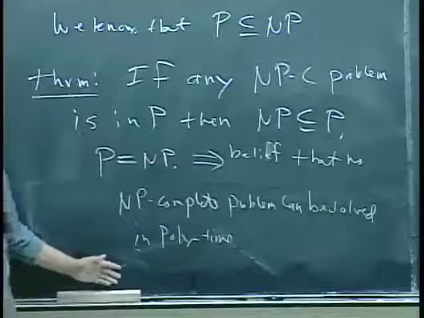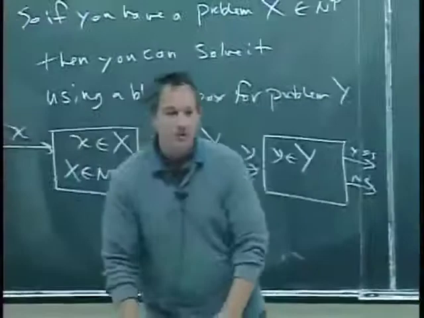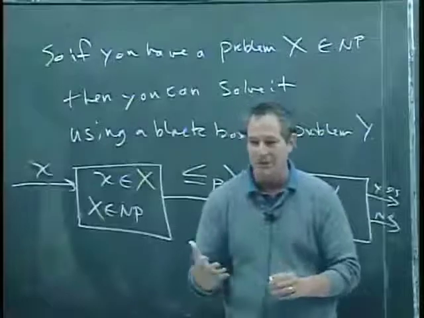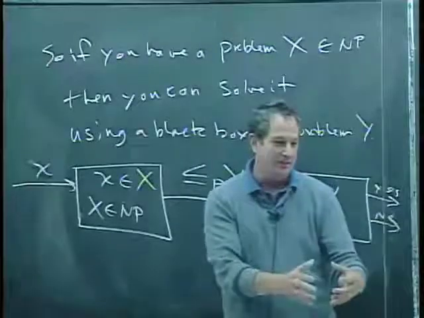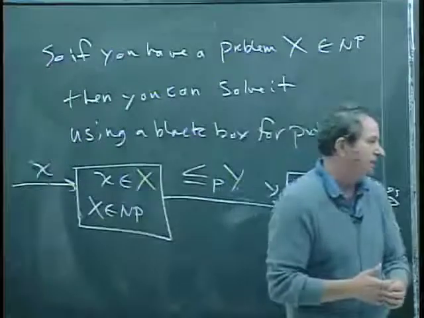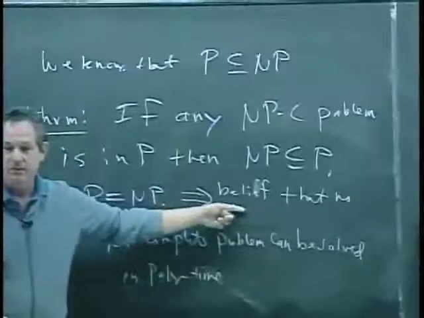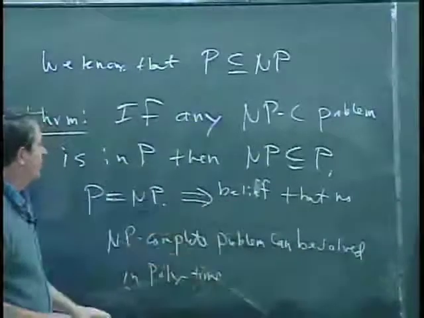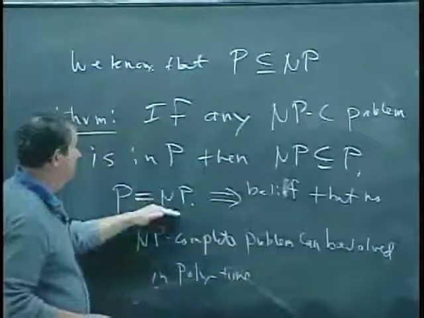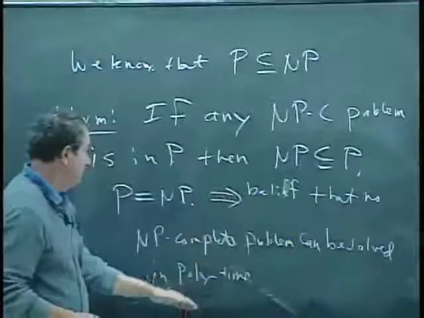And now at the end, when we only have a week left and you can't demand your money back, we're saying, well, all those pretty problems that we can solve nicely, that's very impressive, but most of those problems out there we don't have efficient algorithms for, and we don't think we ever will. Because most of those problems out there are NP-complete, and this theorem leads to the belief that no NP-complete problem can be solved in polynomial time.